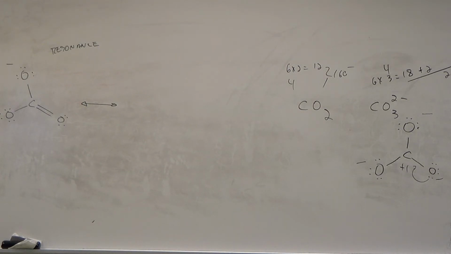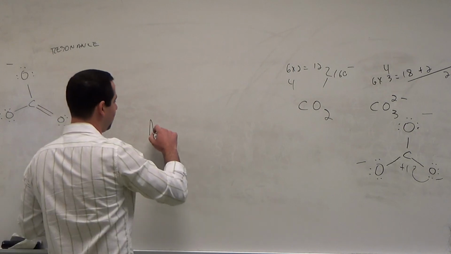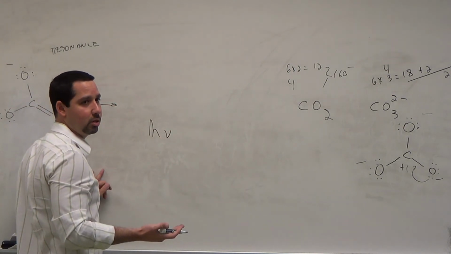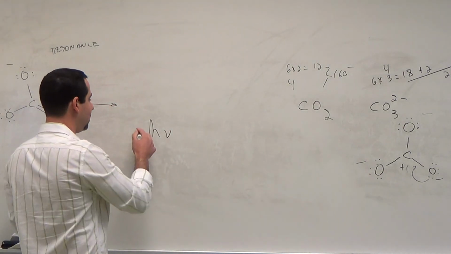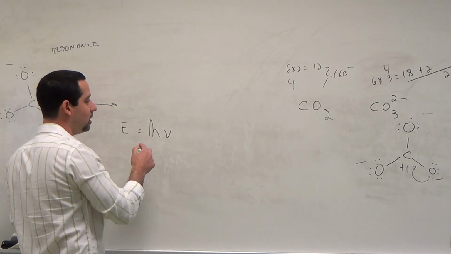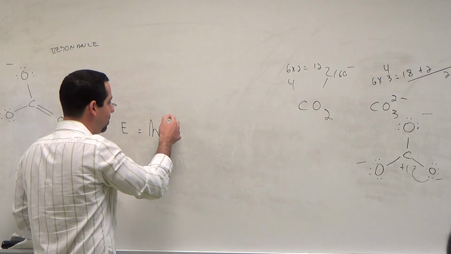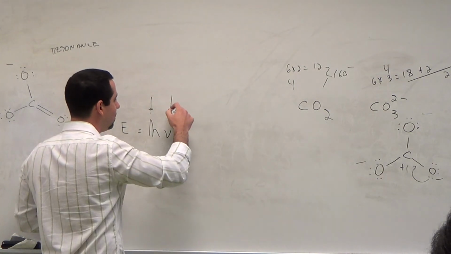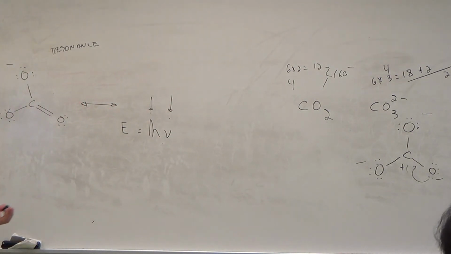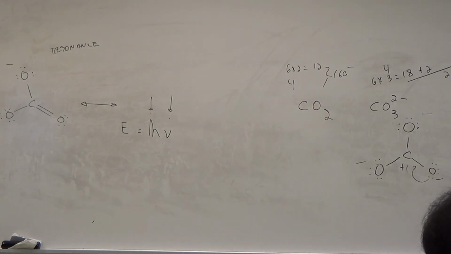You know when I'm going to do a problem with multiplying H times V? Look, calculate the energy for this frequency, H times V. You get this number multiplied by this number. I gave you this number, I gave you this number. It's on the PowerPoint.